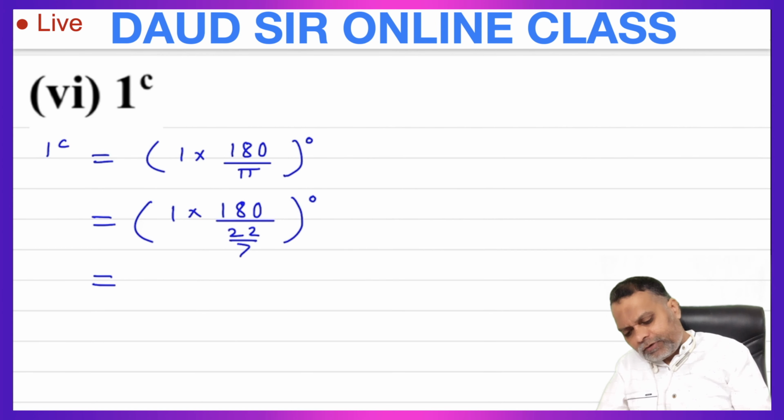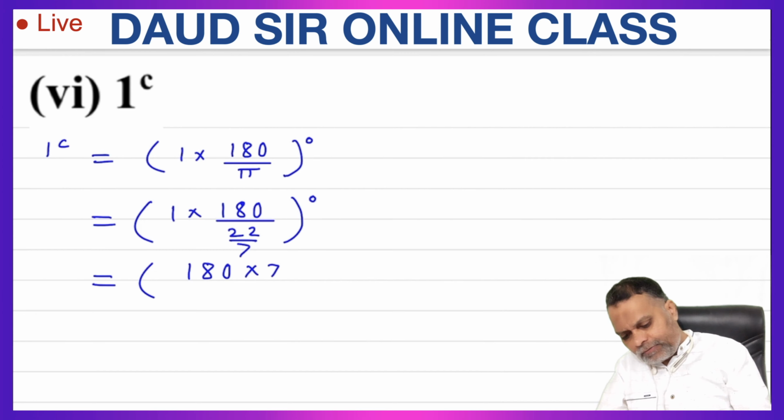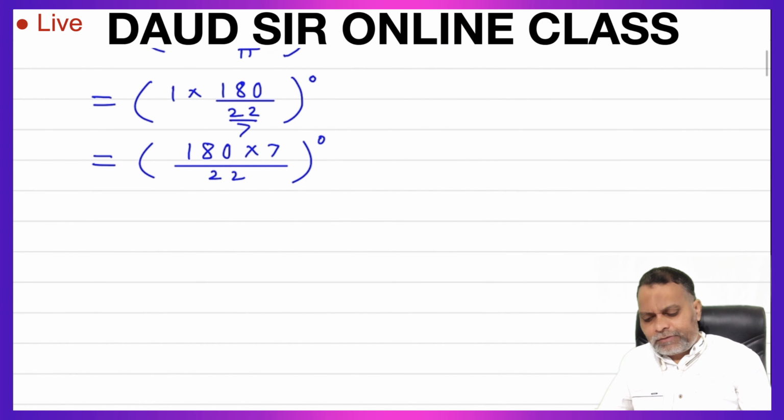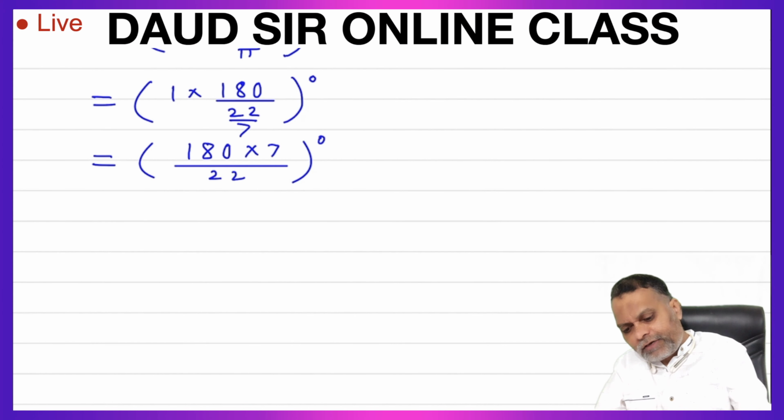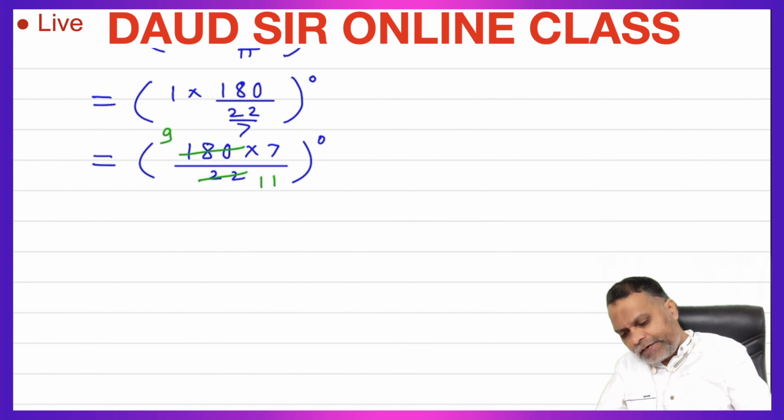This is a double fraction, so we can shift this 7 into the numerator. So 180 into 7 divided by 22 degree. Simplify this, cancelling by 2, 2 1s are 2, 2 9s are 18, and this is 0. So which is equal to 90 into 7 divided by 11 degree.